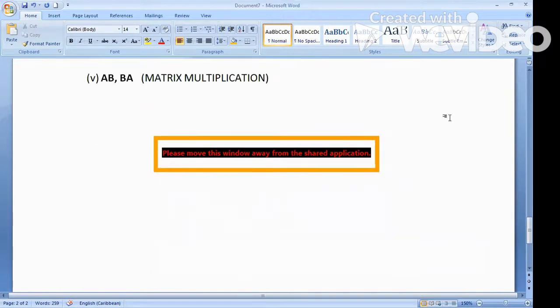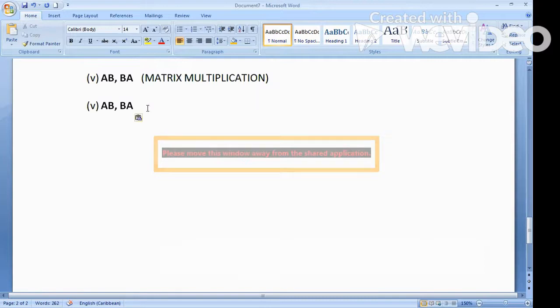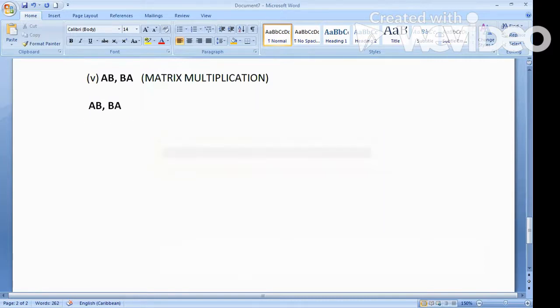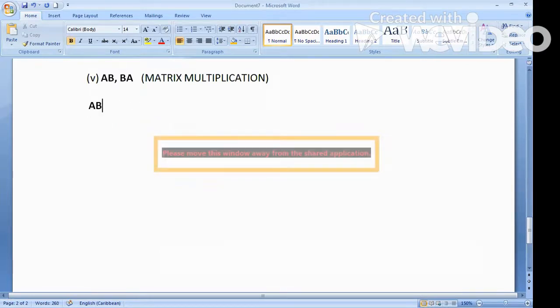All right, so matrix multiplication. So AB. Now we're multiplying matrices. We looked at adding, and we looked at subtracting. Now we're looking at multiplying matrices.